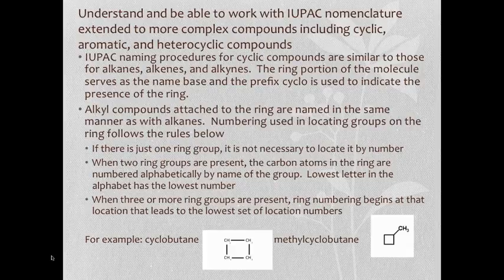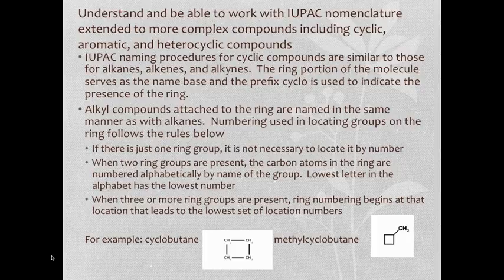Numbering used in locating groups follows the rules below. If there's just one ring group, as you see in the picture below, it's not necessary to locate it by number. So that is cyclobutane with a methyl group, or methylcyclobutane.